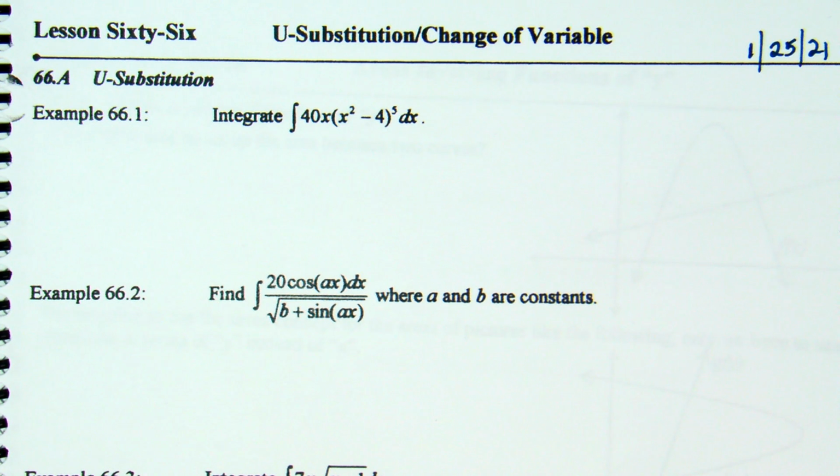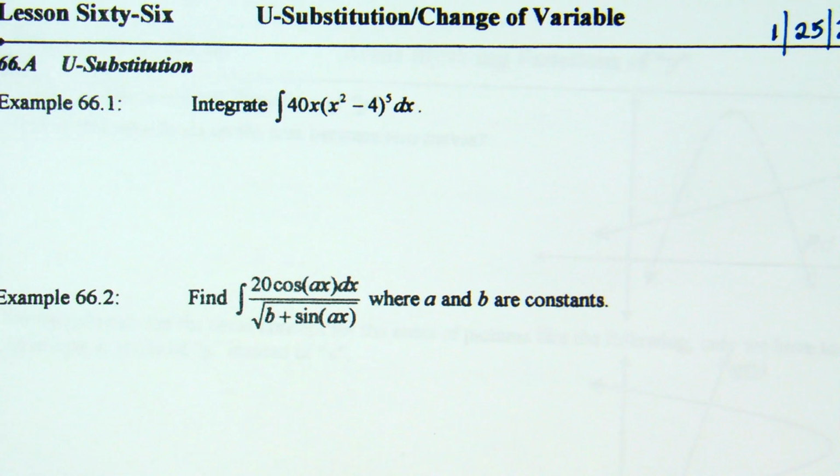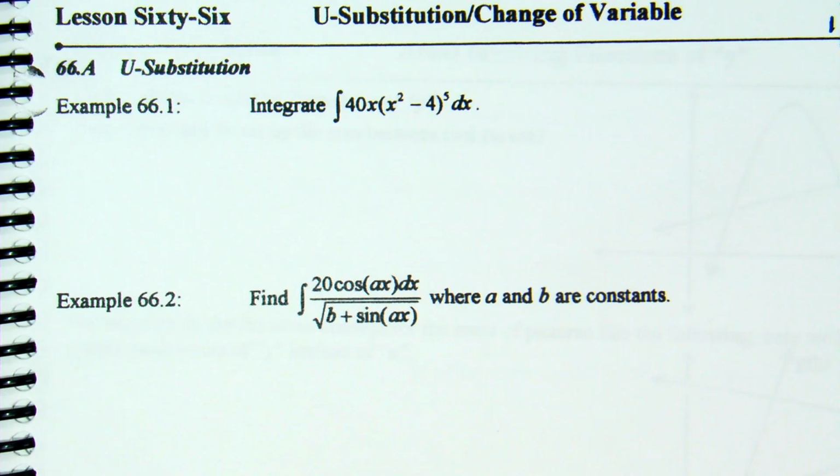Example 1, we are being asked to integrate the integral of 40x times (x squared minus 4) raised to the 5th dx. Okay.